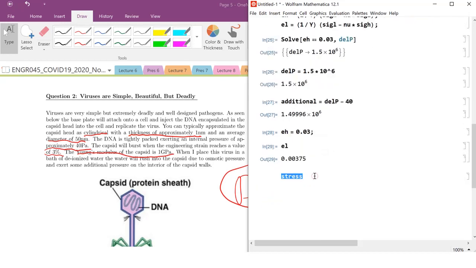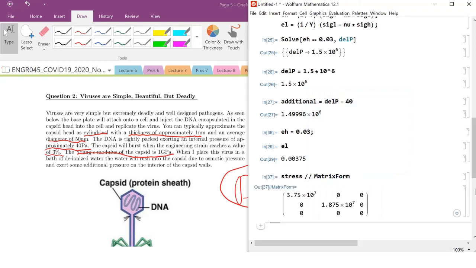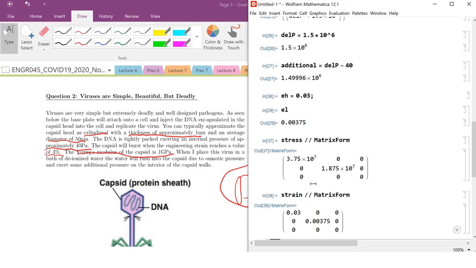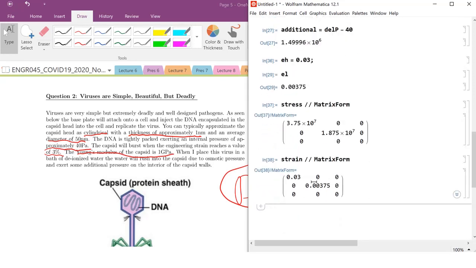So my stress, my matrix form, is going to be this value right here, 3.57. Again, twice this. My strain, my matrix form, is going to be this. So 0.03, that value right there. And that's it. We're good to go. So that's all we're dealing with here.